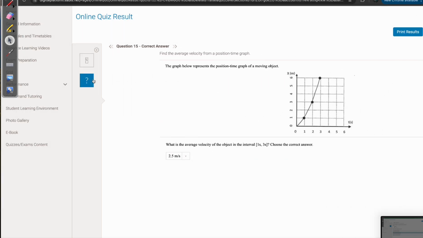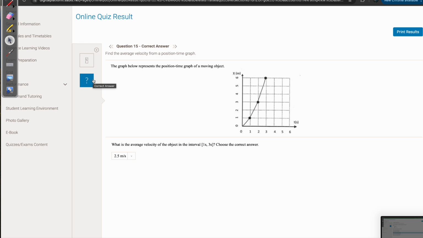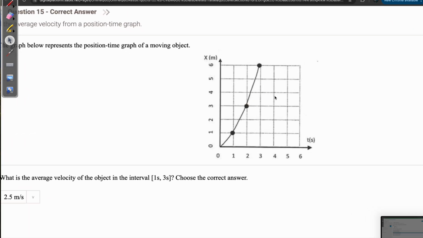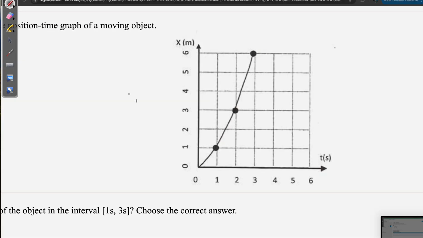Number 15. The graph below represents the position time graph of a moving object. What is the average velocity in the interval? Okay, let's take 2 points, at t is 1 and at t is 3.